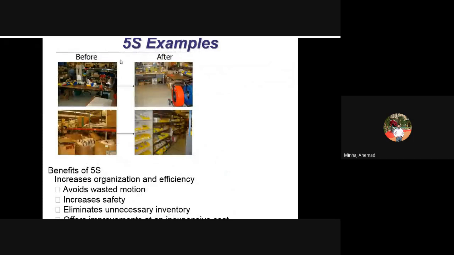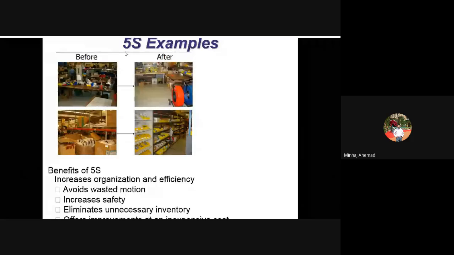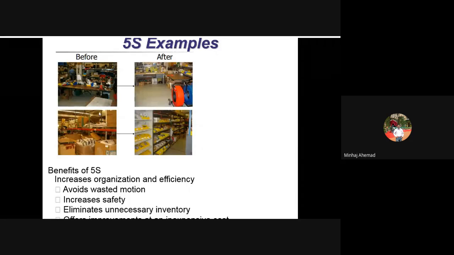Before implementation of 5S these are the conditions, and after implementation of the 5S technique, these are the post-5S application examples. There are various benefits of applying 5S. It avoids wasted motion, increases safety, eliminates unnecessary processes, and reduces cost.